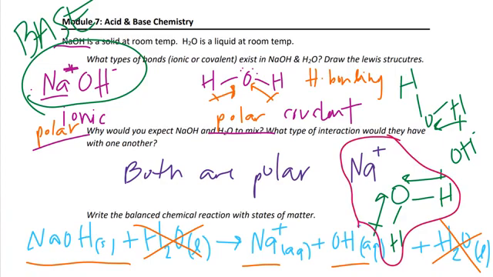My NaOH disassociated, and I could continue drawing and see that my slightly negative O is going to be attracted to my positive H and have my other two H's over here. Same with my OH negative, the hydrogen part of my water is going to be attracted to the OH.